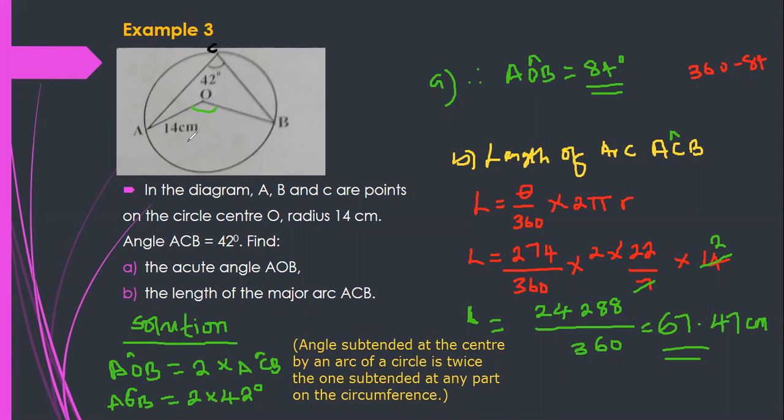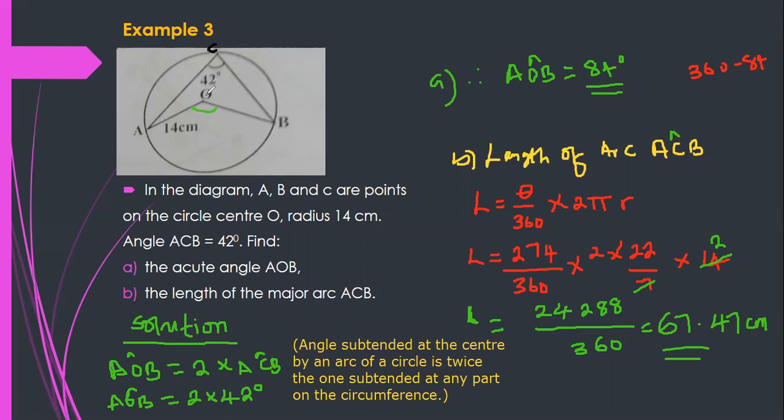So let me quickly re-explain what I've done here again. For you to find the angle AOB, you apply this theorem. Angle AOB is equal to 2 times ACB because it is an angle at the center that we're looking for, which is twice the one subtended at any part on the circumference.